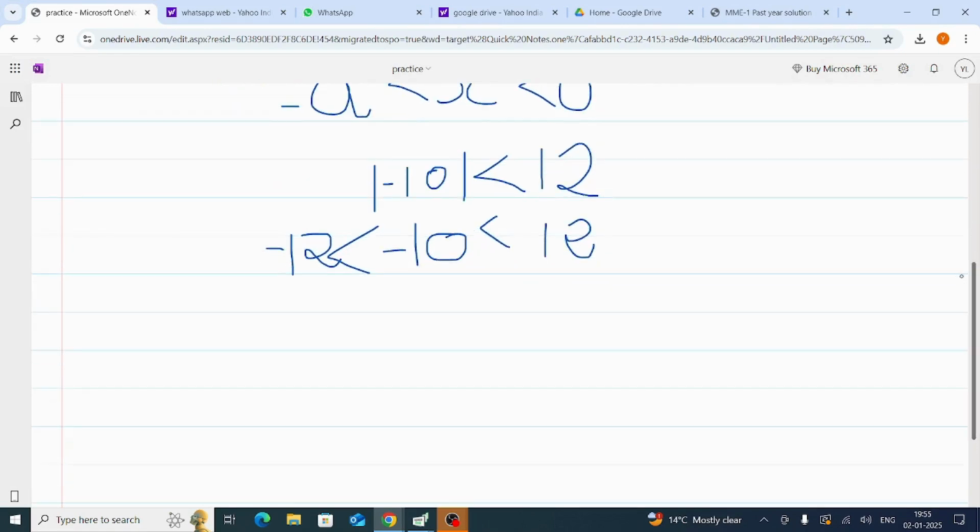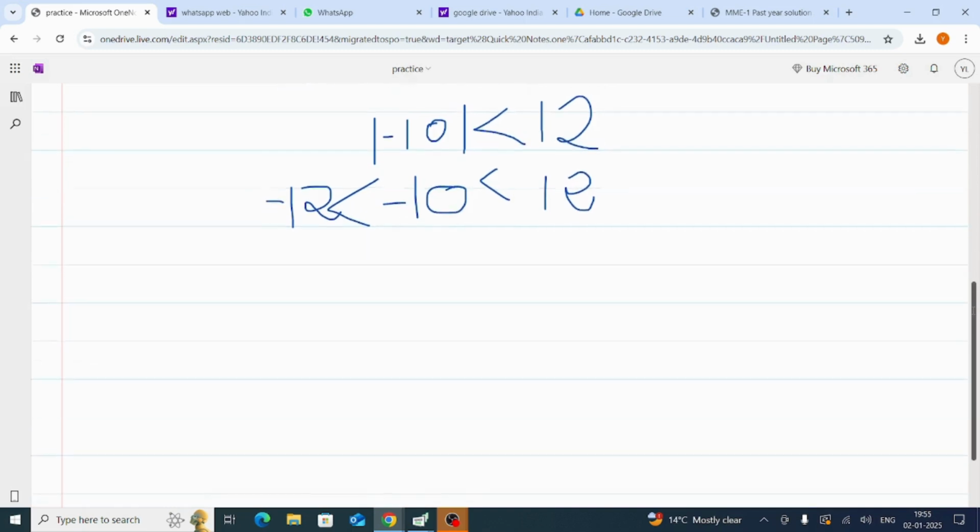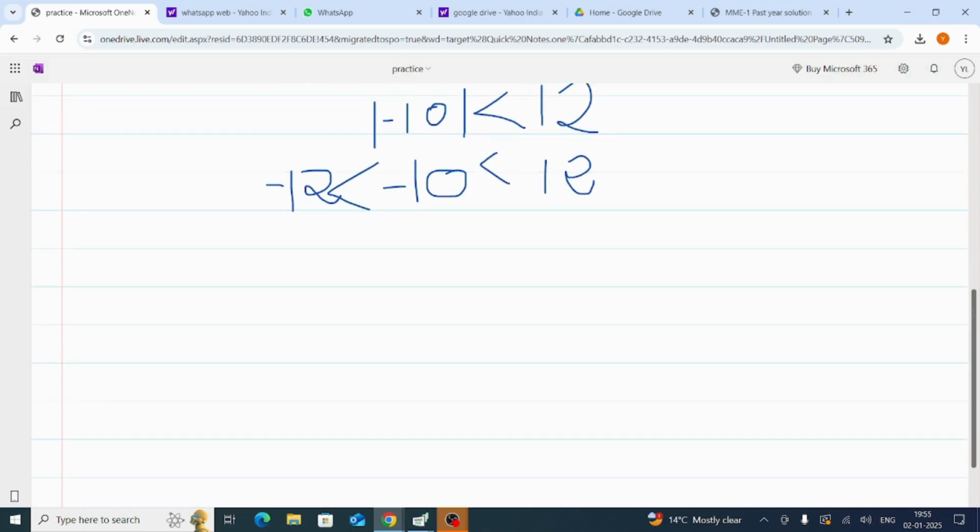Proceeding ahead on this one only, I'll start with the question now. I've been given modulus of x square plus 6x plus 16 less than 8.